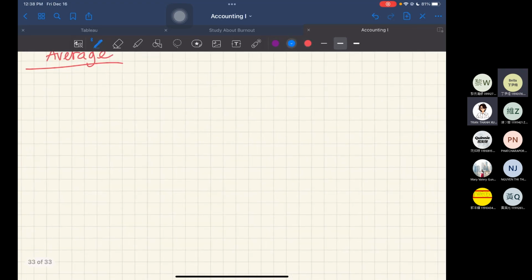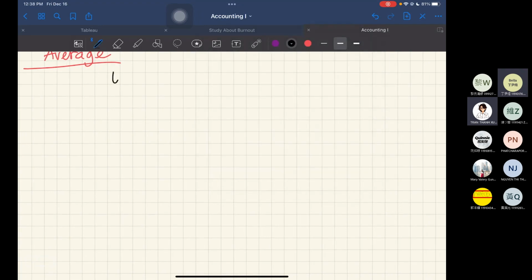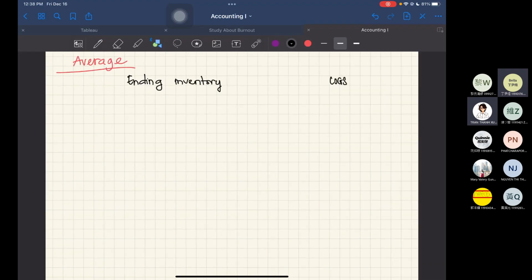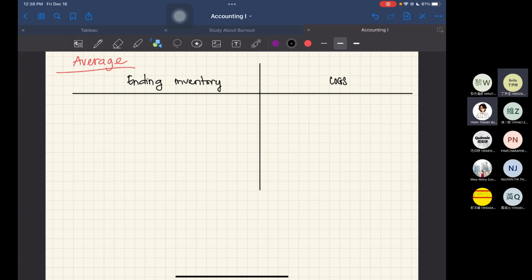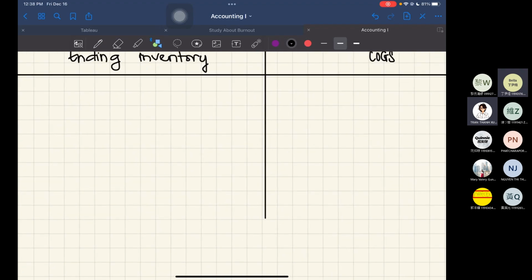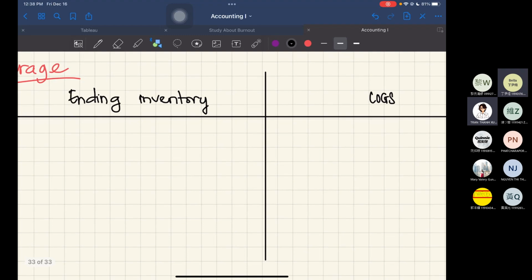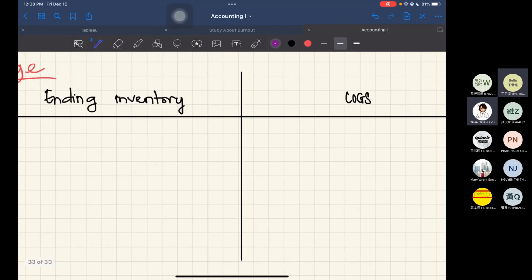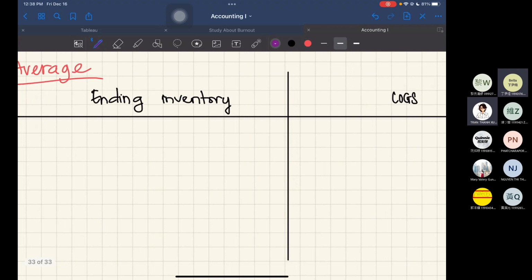Here we have inventory and cost of goods sold. Before we do it, we have to calculate the average unit cost.